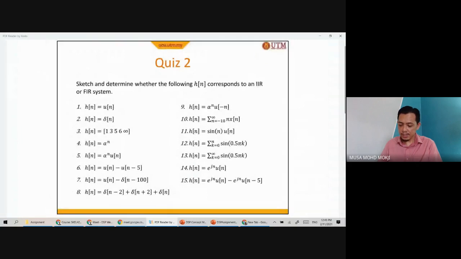Just a quick quiz. Look at these and identify whether each is IIR or FIR. The first one is very obvious.